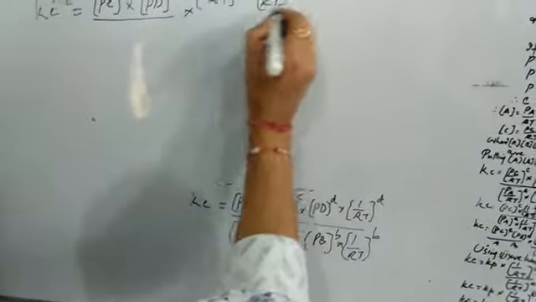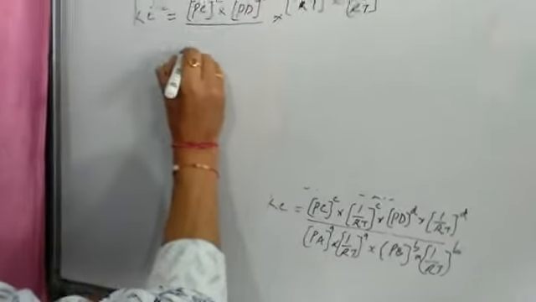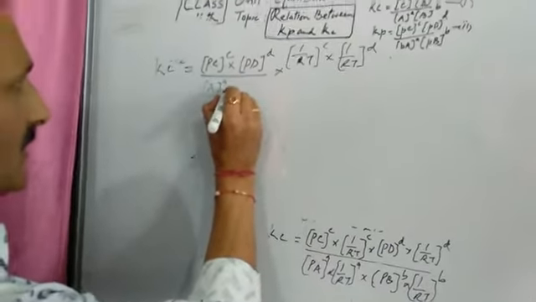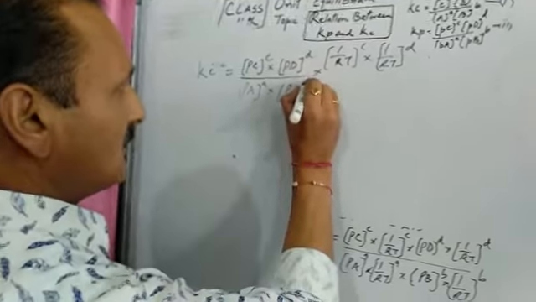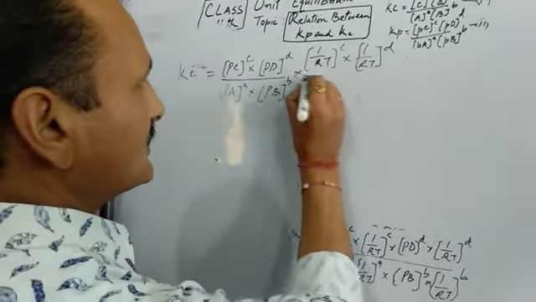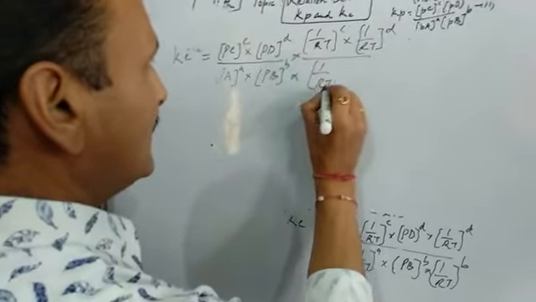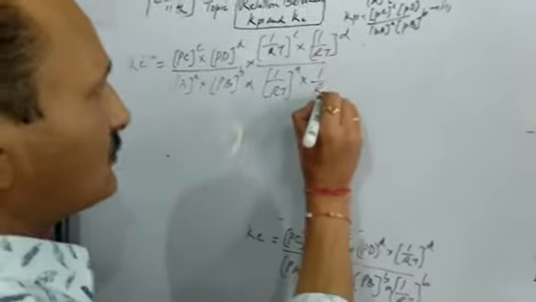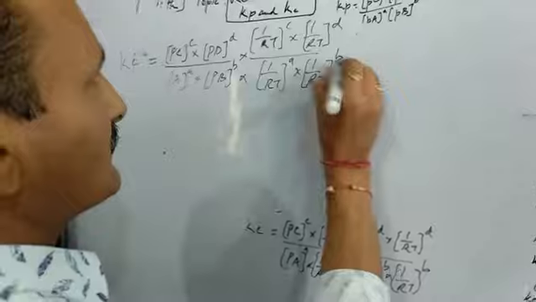Similarly, in the denominators, it will be PA raised to power small a, then PB raised to power small b. Here we will take these reciprocals, that is 1 upon RT raised to power a and 1 upon RT raised to power b, like this.